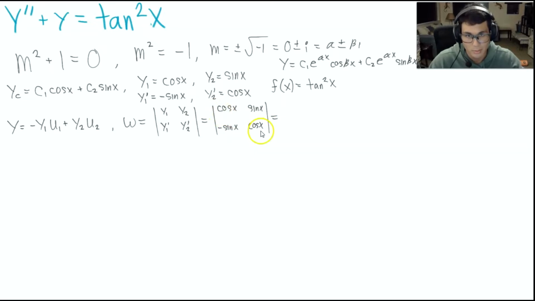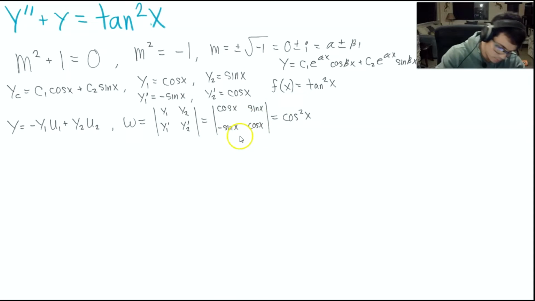Cosine x times cosine x is cosine squared x. And sine x times negative sine x is negative sine x, but there's always a negative here because it's this times this, minus this times this. So this is actually going to be sine squared x, and the total is 1. Look, I guessed it correct.